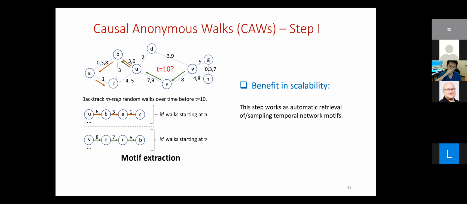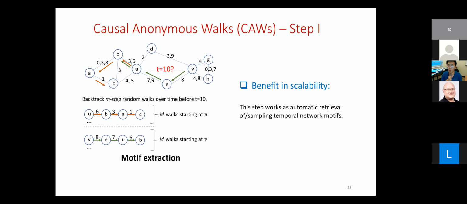So first, the key part I have to mention is not causality. Our model does not use any formal causal inference features here. Why do we call our model causal anonymous walk?